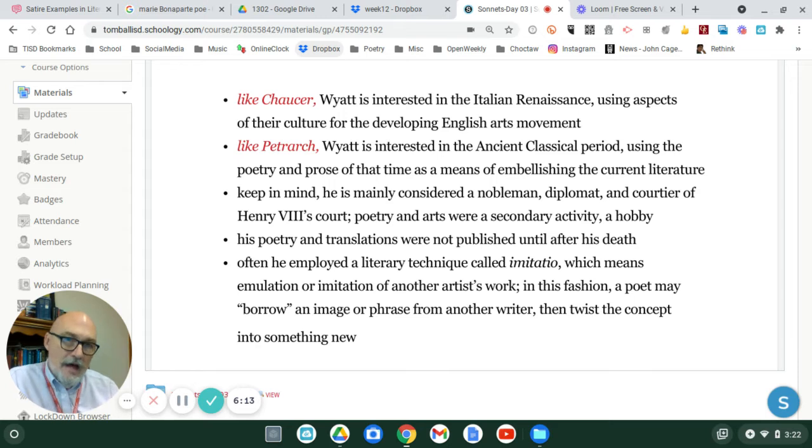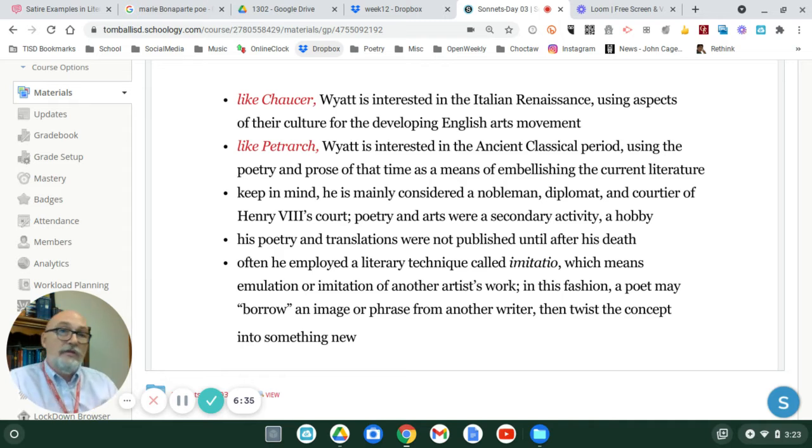The other thing in common: Chaucer and Petrarch and Wyatt, all three of them, are interested in what was going on in the ancient classical period, particularly in Roman and Greek stories and poetry.